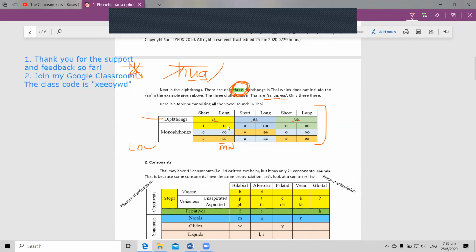E, E, U, U, E, O, A, O. And the diphthongs, ear, ua. So that concludes the vowel part.